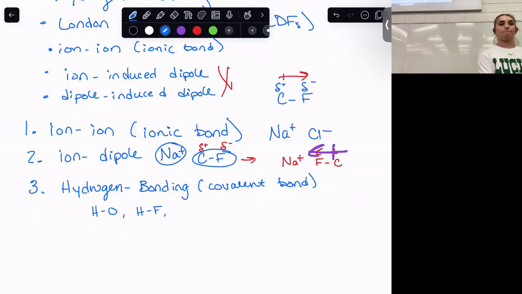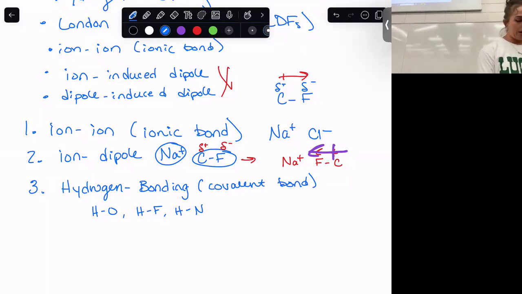Anything else? HN. Right, so hydrogen has to be directly bonded. Directly is the key word here. Bonded to an oxygen, fluorine, or a nitrogen.